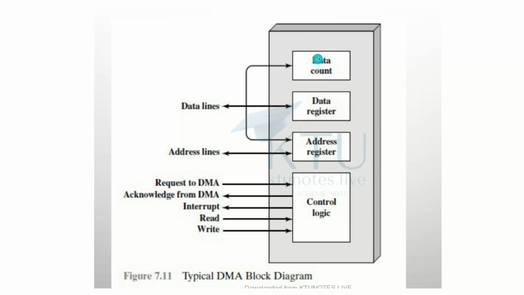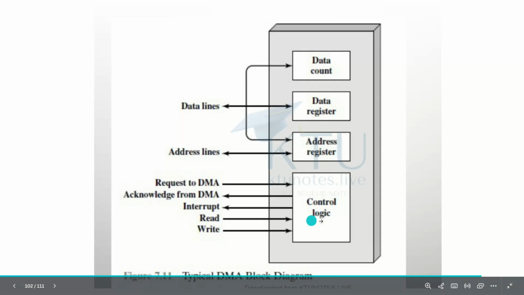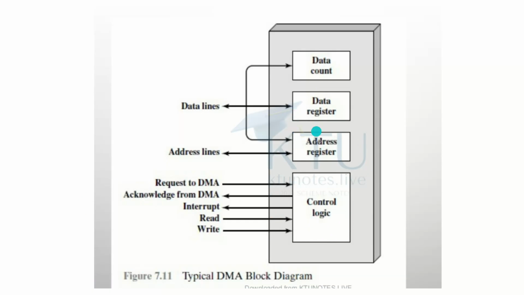In the typical case, if you give a request to the DMA, it goes to the control logic, and that request contains a lot of things. The acknowledgement and interrupt can also come from the DMA. Whether you have to read or write is also given to the control logic itself. The data register and address register are connected to the address line. Understood?